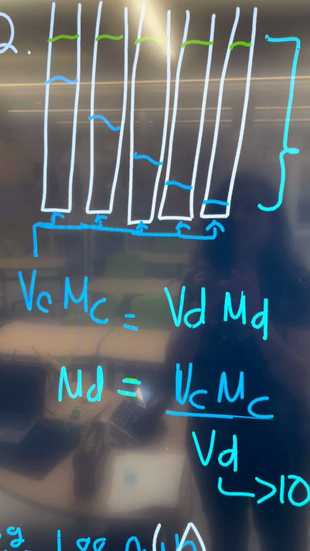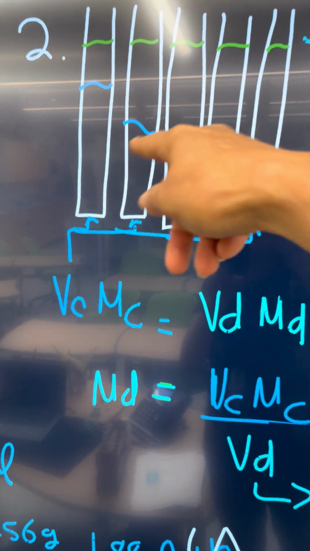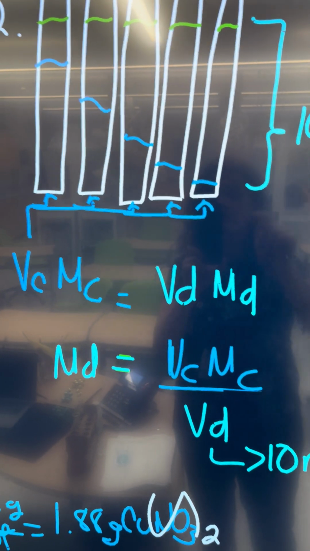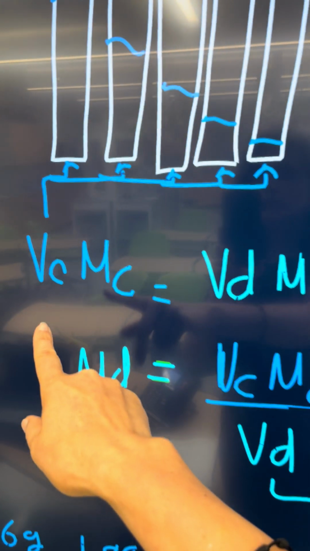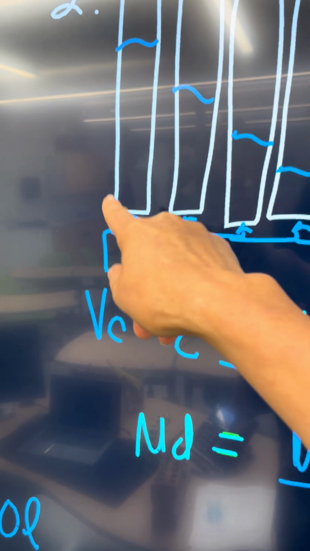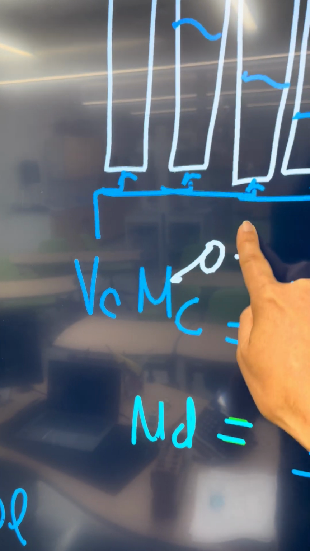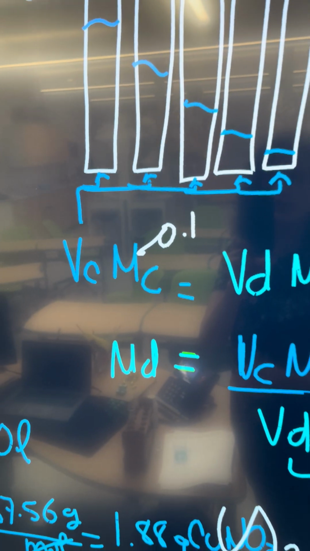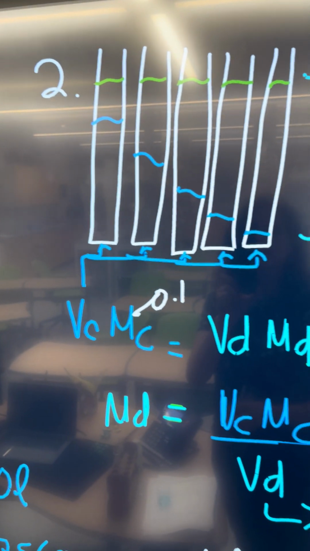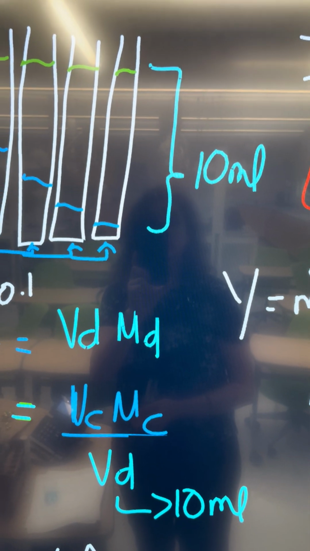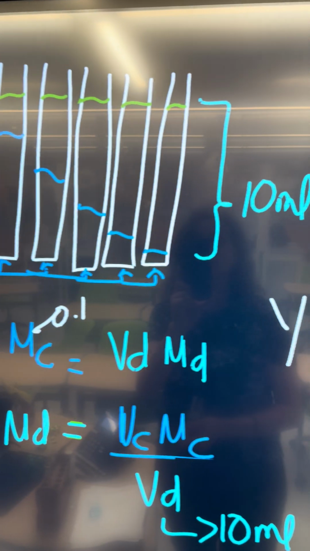How do I find the molarities of each one of the new solutions? So I use my dilution formula. The volume of the concentrate is whatever you added. The molarity of the concentrate is gonna be 0.1, because that's the solution I made. The volume of the dilute is the same for all of them. They're all 10 milliliters.